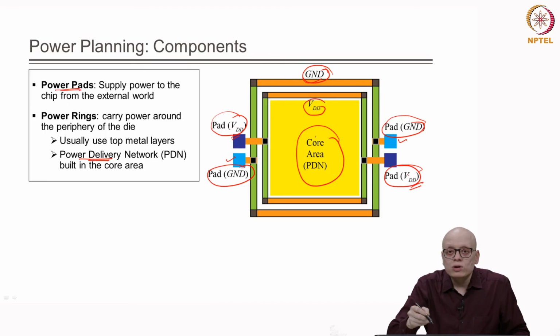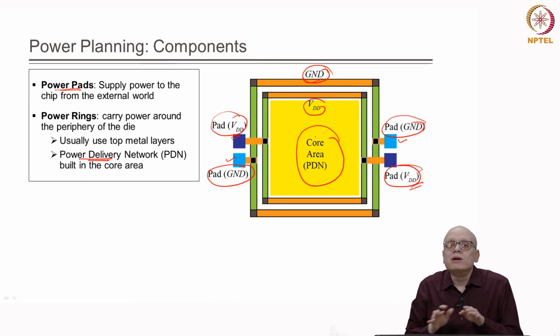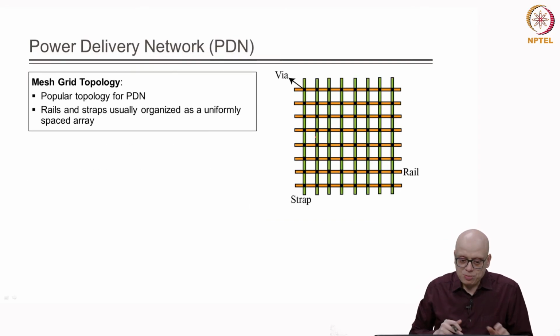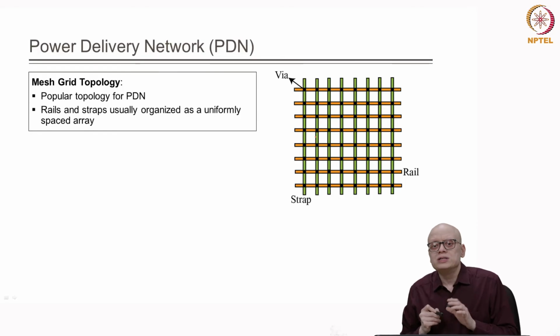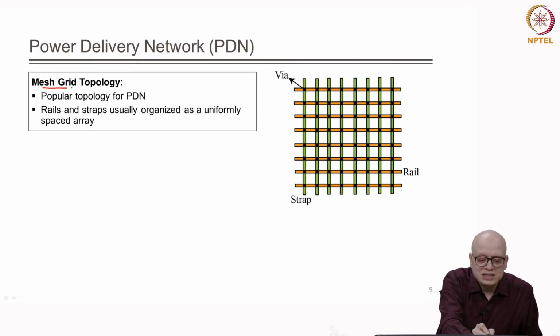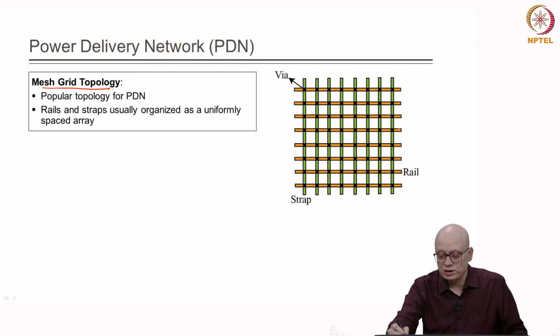Now, in the core area, we build a kind of power delivery network. Now, let us look into what is power delivery network. The most common topology that we use for power delivery network is what is known as mesh grid topology, which is shown here, right.